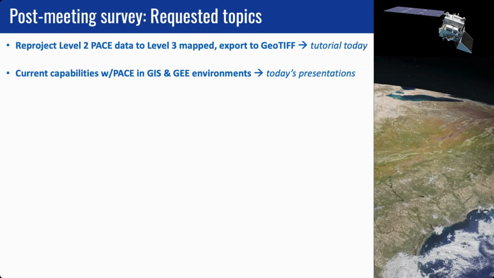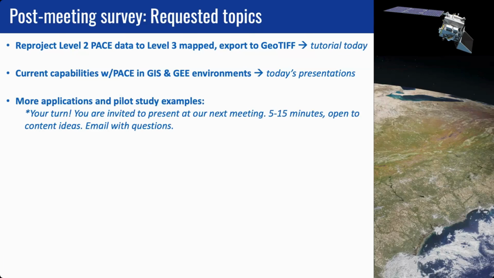Lots of questions about if we were going to ingest data, if there's any plans for the GIS environments, and so on. So we're addressing that in today's presentations. And we're also going to talk about how you reproject the level 2 PACE data to level 3 PACE data. That's a tutorial today, also driven by your requests in the survey.